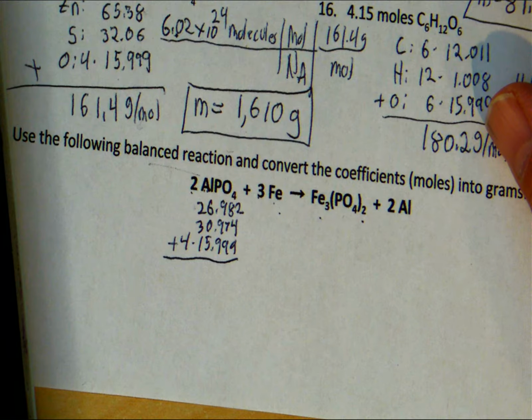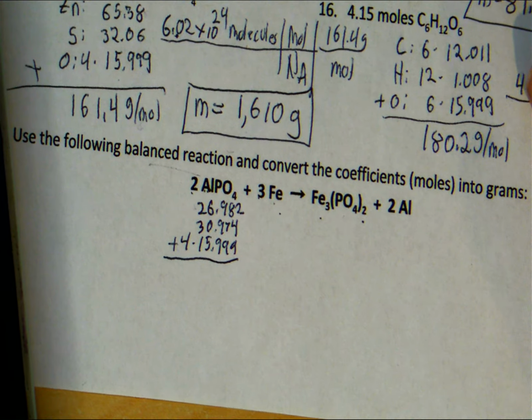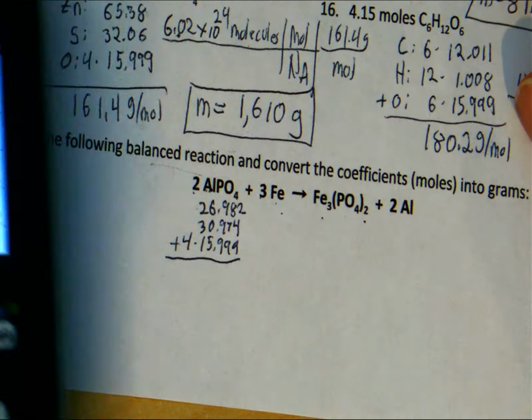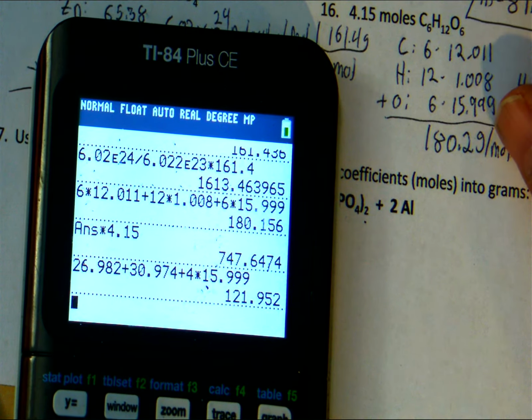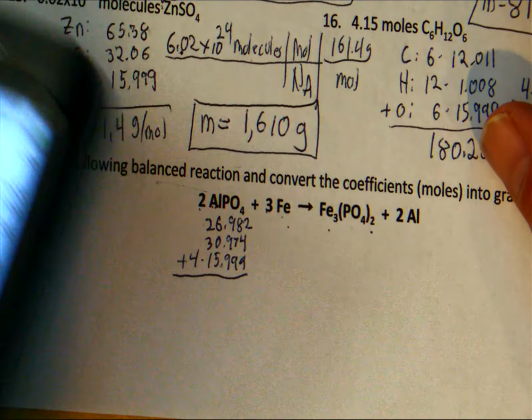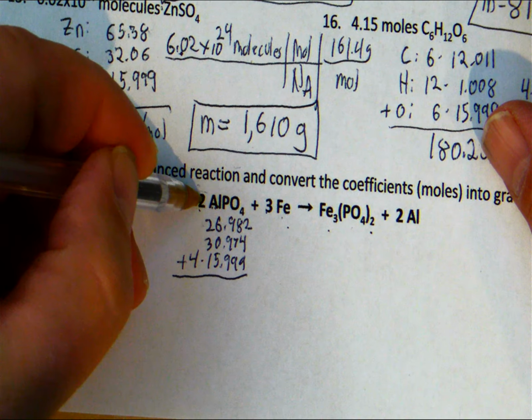So that total is 26.982 plus 30.974 plus 4 times 15.999. And I get 121.95, which is 122.0.